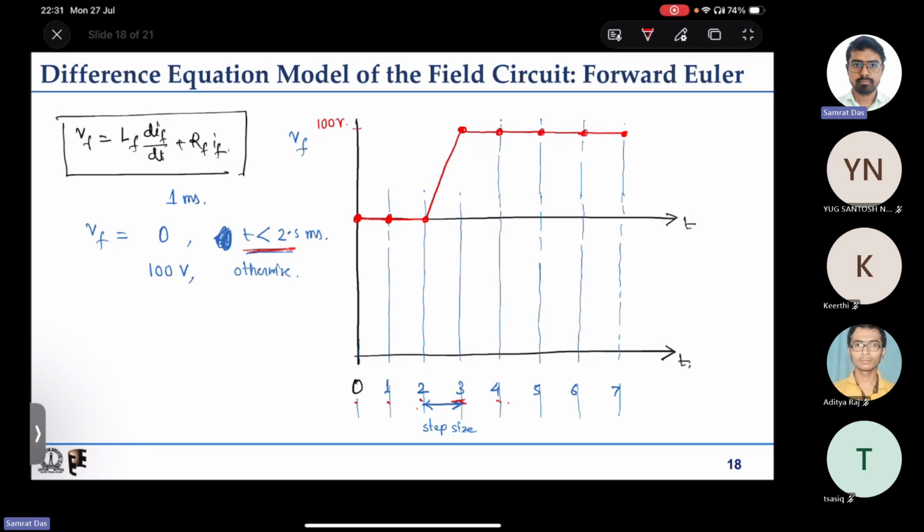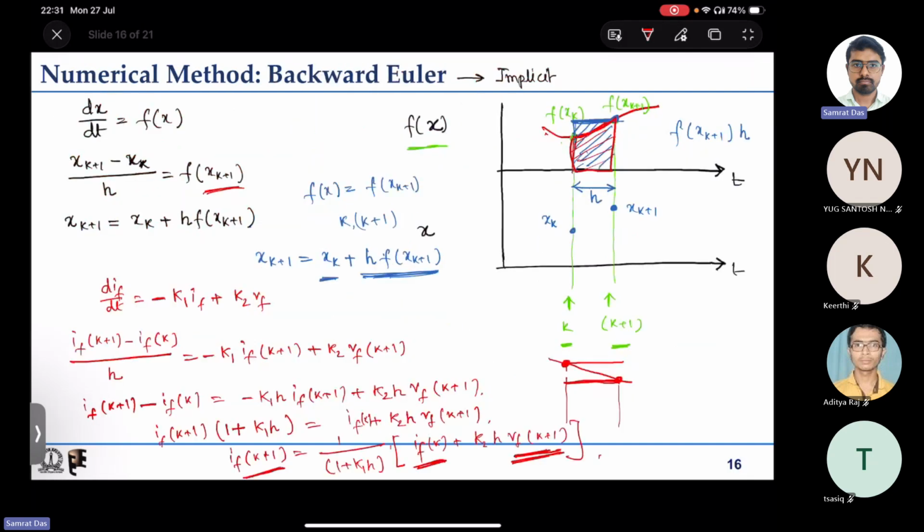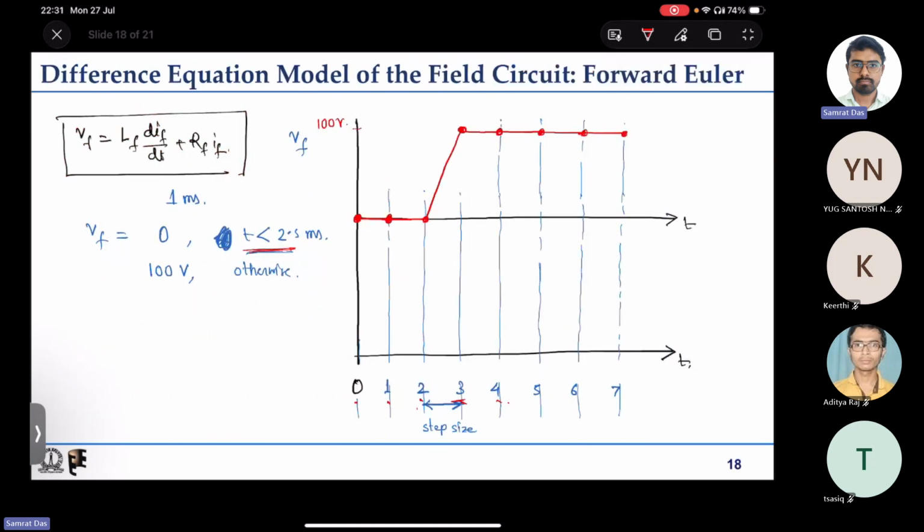Now let us remember our equation for solving IF using the forward Euler method. I will quickly write that.